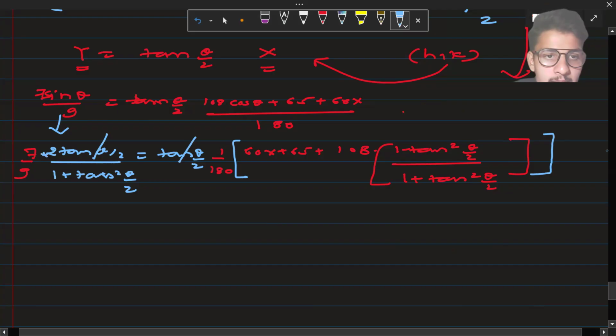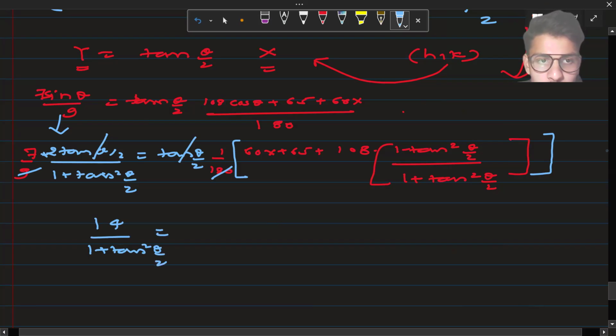And when you multiply 7 by 14, and when you divide this 90 with 180, you will receive the 20 here. This tan theta by 2 and this tan theta by 2 is getting cancelled.